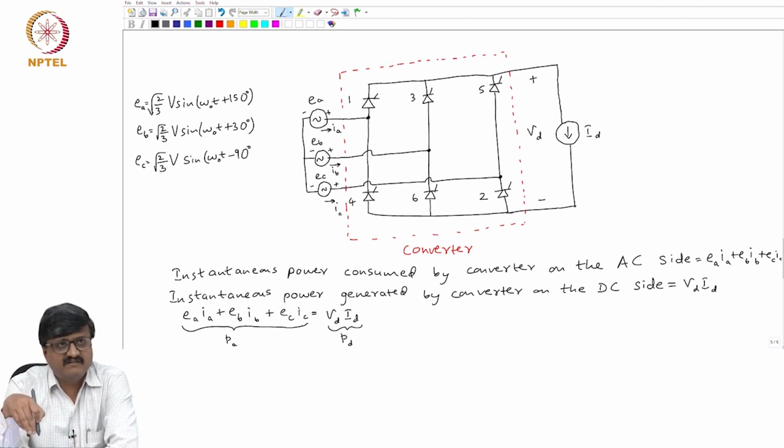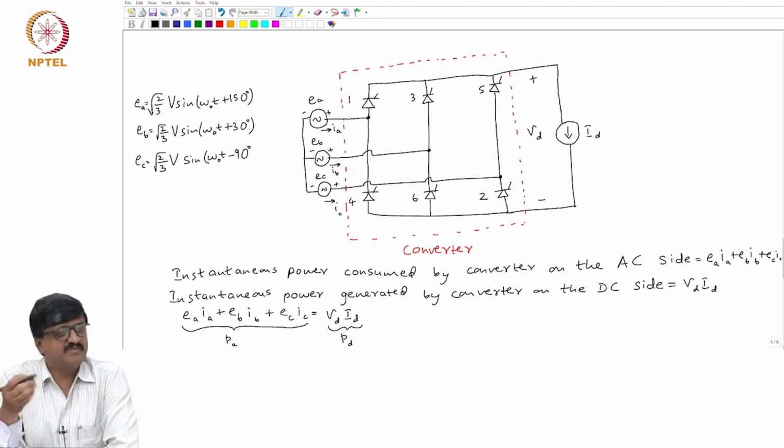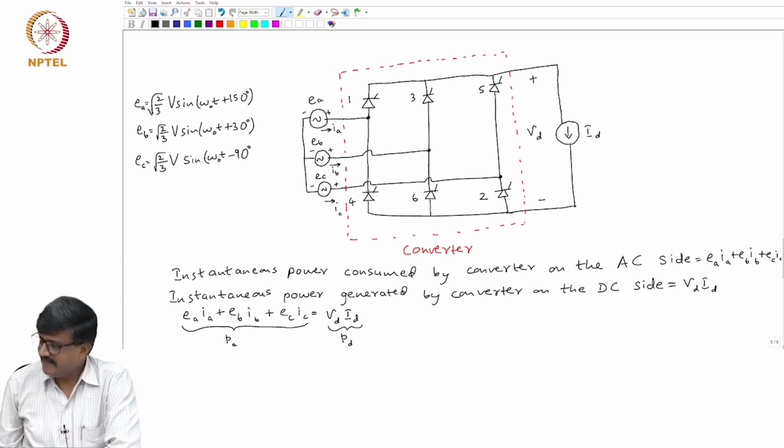See, the current has harmonics, but what is the contribution of harmonics to power? I just want to check whether you are familiar with this result. On the AC side there are sinusoidal voltages. Current is not sinusoidal, but has harmonics also. So, what is the contribution of harmonics to power? Average power is 0. When average power due to harmonics is 0, the only contribution is coming from the fundamental.